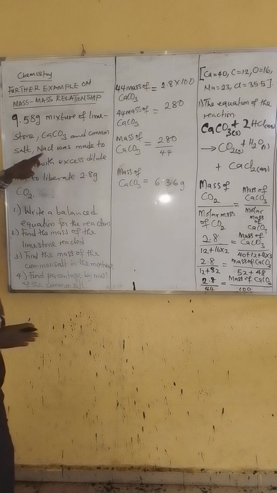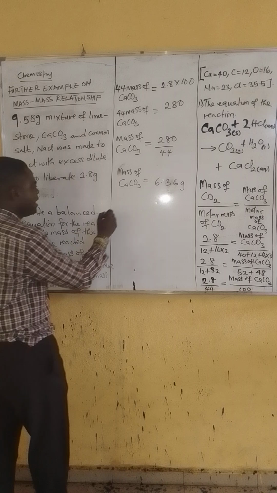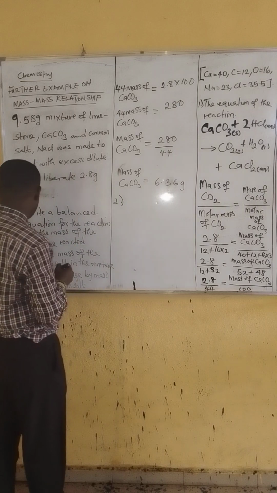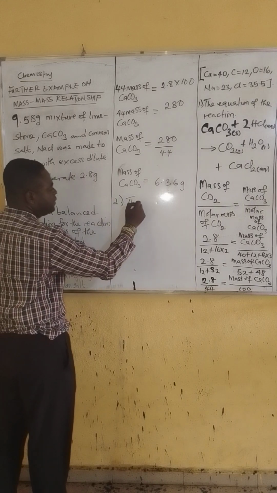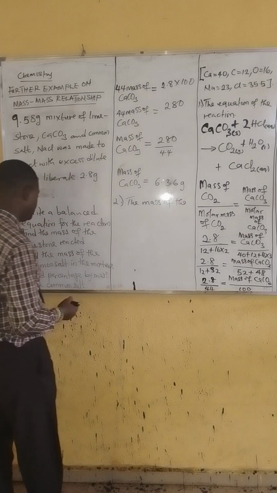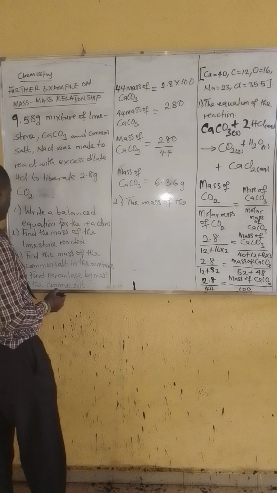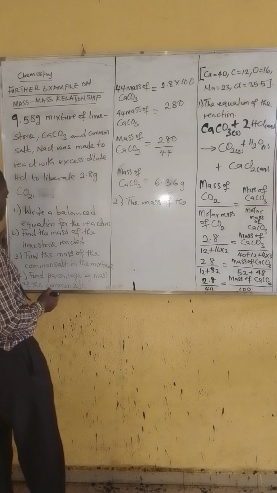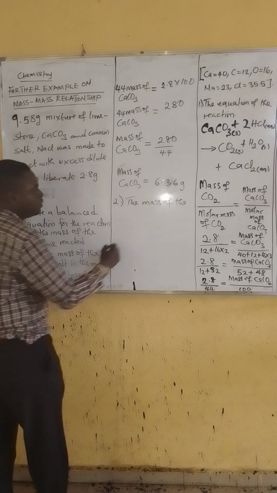So that is it. Now, number 2 question. There, we are looking for the mass of the common salt. We have gotten the mass of the limestone. Find the mass of the common salt.